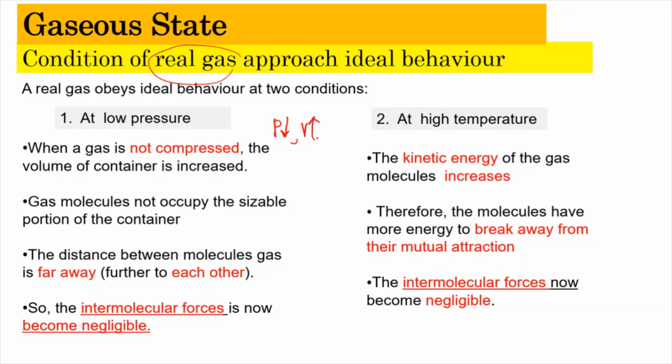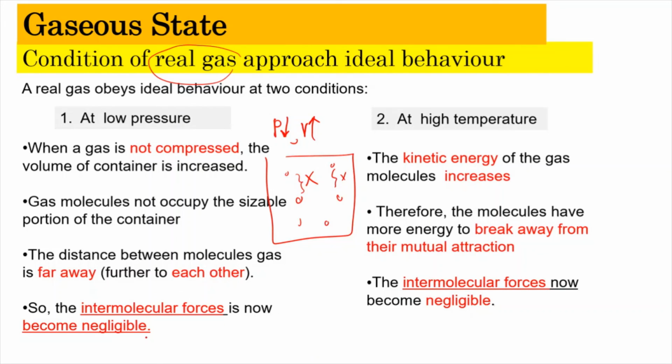So, when the volume of the container is very high, the gas particles are far apart from one another. When the gas molecules are far apart, the attractive forces are not there. Okay, seolah-olah macam tiada. And because of that, it adopts ideal gas behavior, because the intermolecular forces become negligible ataupun boleh diabaikan.